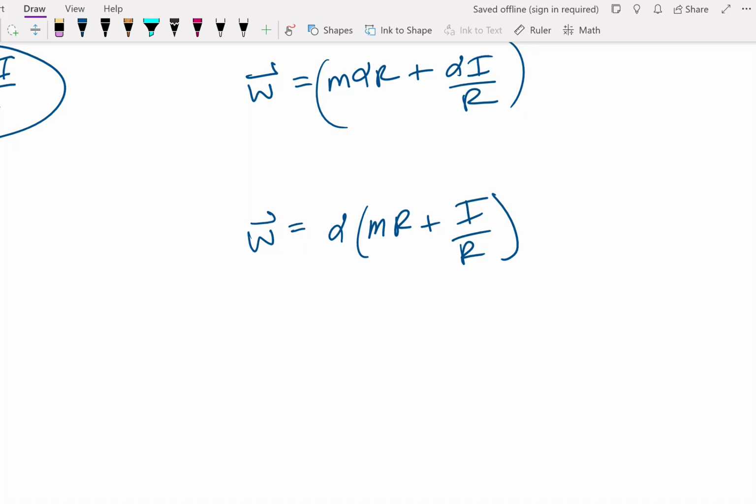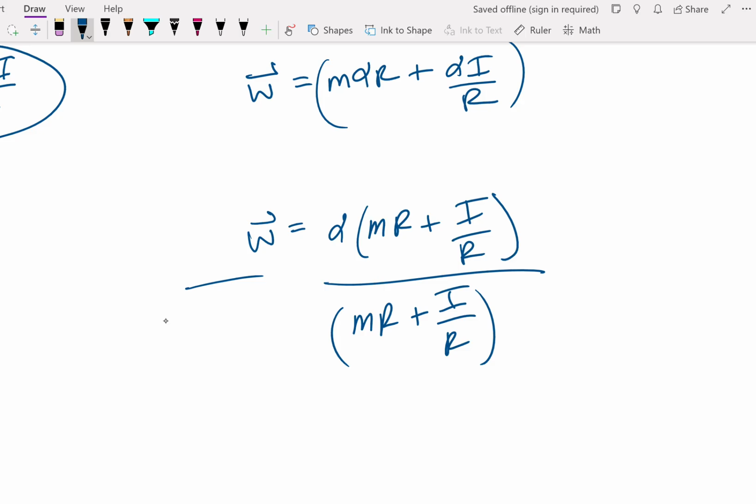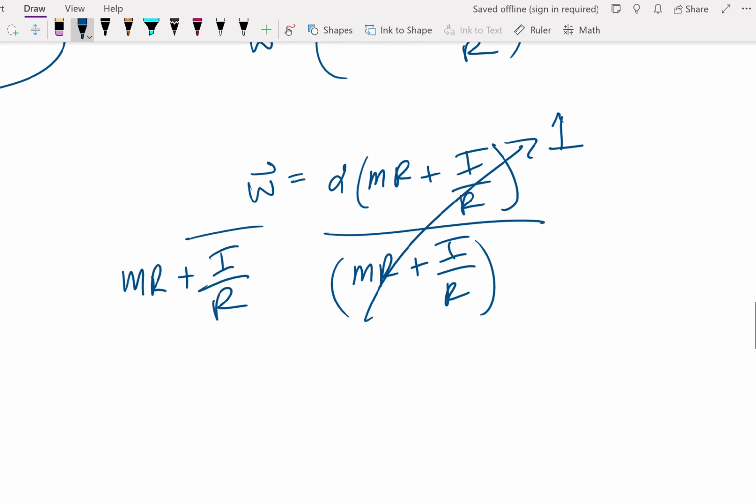Now, if I just want to solve for the angular acceleration without plugging in my numbers, I'm going to divide everything by mr plus I over r. This becomes 1, leaving me with just alpha on the right-hand side.